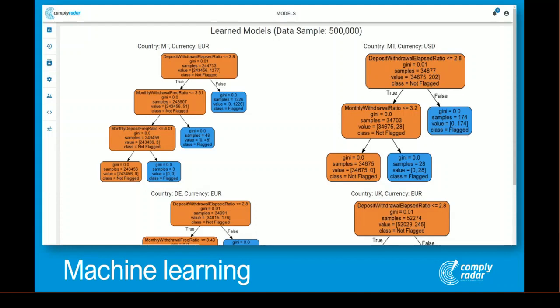So really, a tree is a set of variables where you can actually follow the path. So for example, if I start from the top, was the withdrawal frequency greater than a certain threshold or less? If it's less, then you move in one part of the tree. If it's more, then you go to the other part of the tree.